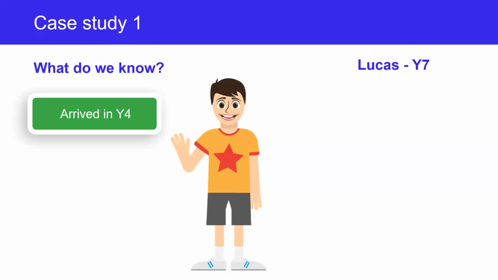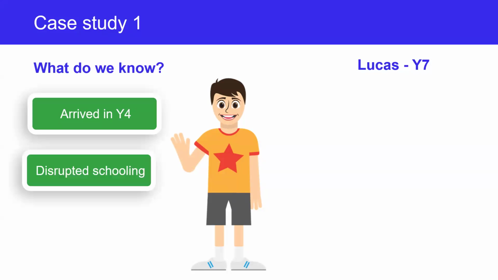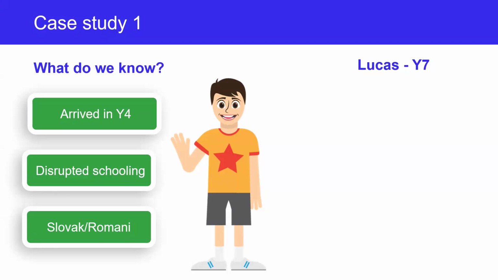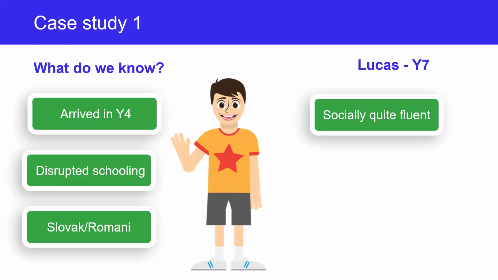Lucas starts in year 7. He arrived in his primary school in year 4. He's had disrupted schooling. He's from Slovakia and he speaks Romanian. He's socially really confident, with considerable fluency with his peers.